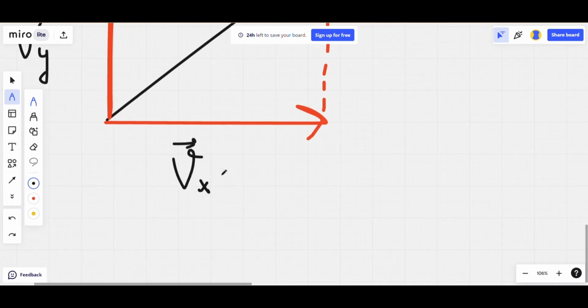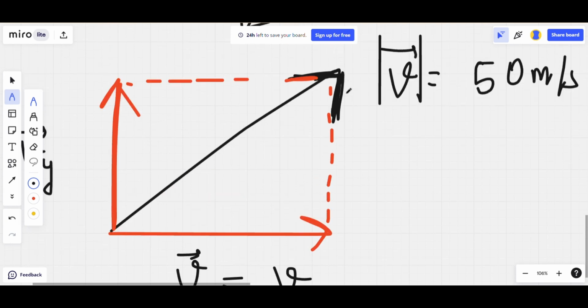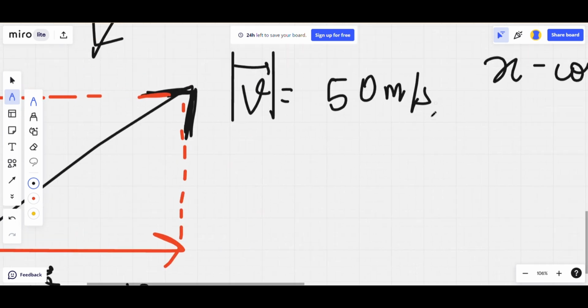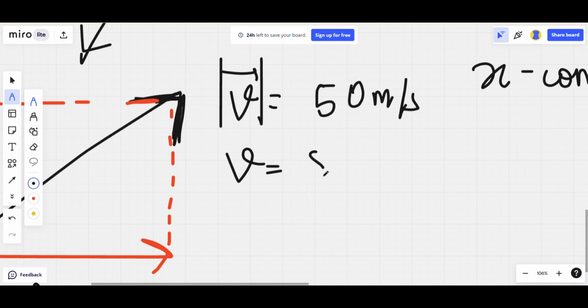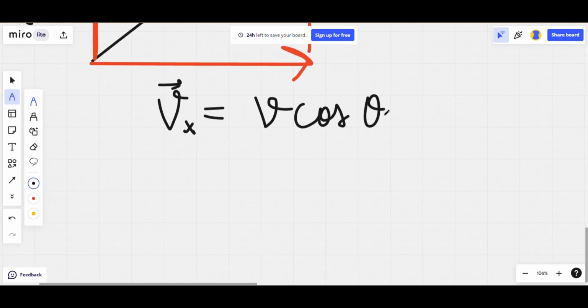What is the formula for the x component? It is V, the main vector, or the resultant vector, whose components we are breaking down, which is also 50 meters per second, times cos theta.